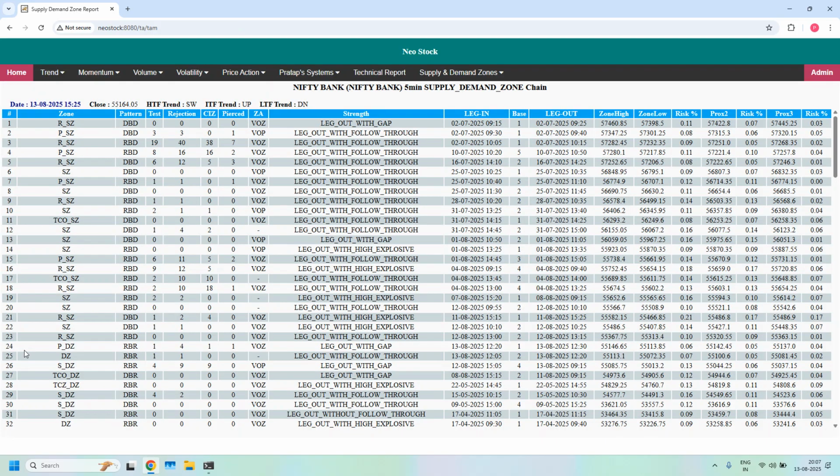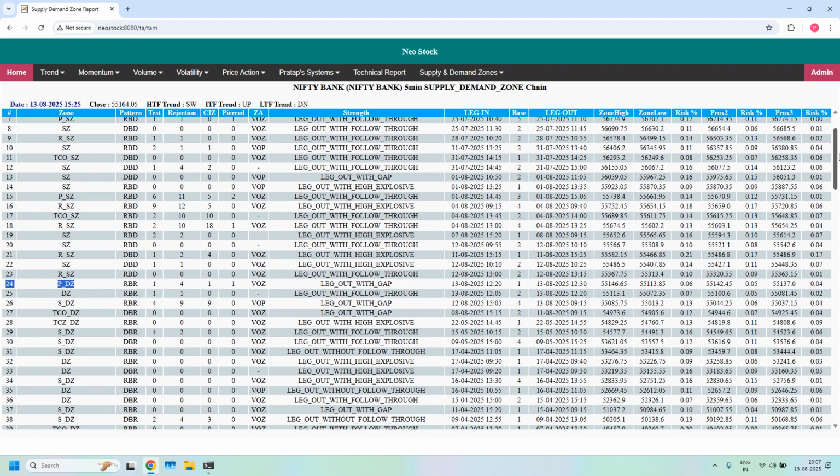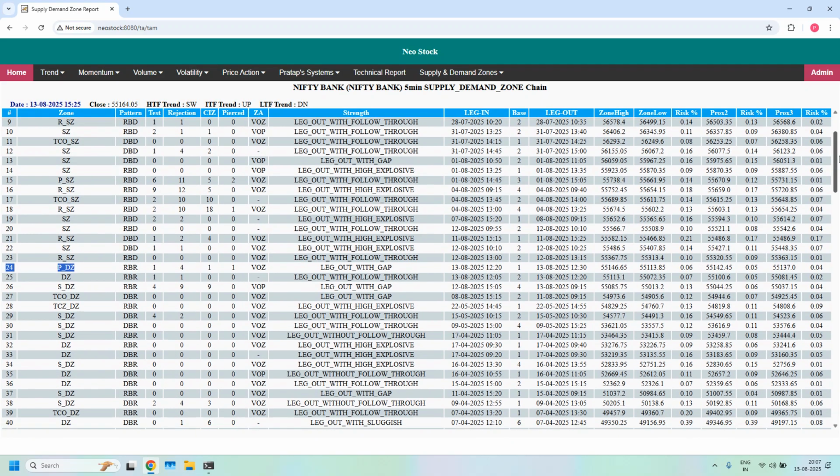The nearest demand zone to the current closing price is serial number 24, Pierce demand zone. I'm keeping it in the middle of the page so that you can access more demand zones. Okay. So this is 5-minute supply demand zone chain for Bank Nifty. So we have completed both Nifty and Bank Nifty supply demand zone chain report generation.